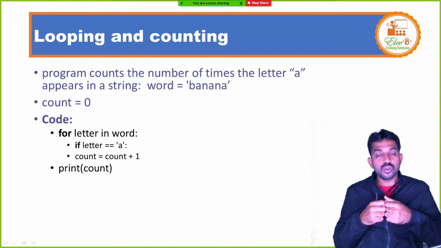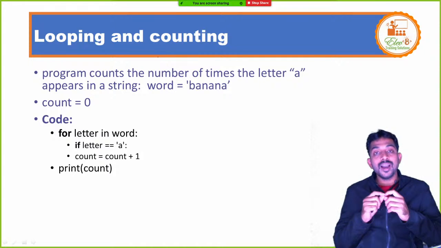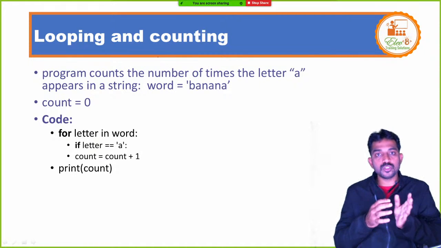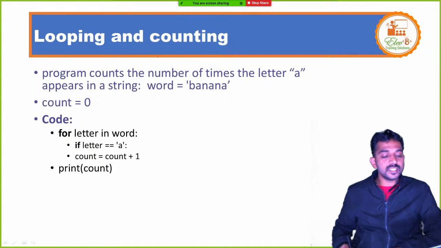You just used a finite loop. If you refer to the for loop, I taught the process of retrieving letter by letter from the given word. Here the word is banana, right? So when you perform for letter in word, the first time it picks B from the word.